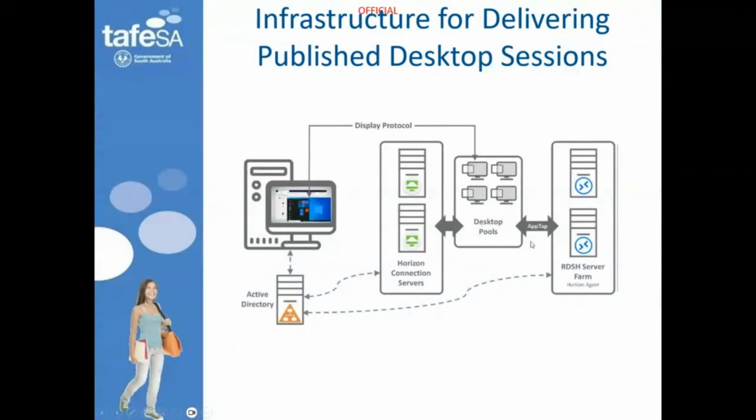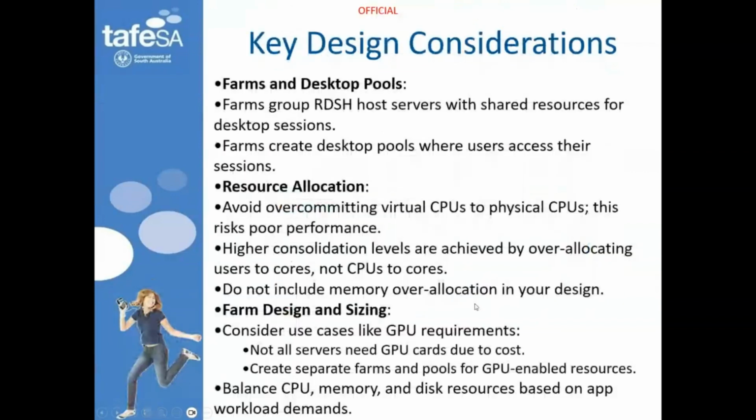These desktop pools, if it's a published desktop, we're going to double click on it from a user point of view, and that's going to trigger a session from the remote desktop host and the client to be interactive. And all of this is communicating so the user sees a window just like the other one, Instant Clone, but in this case it's a session connecting to the remote desktop server host.